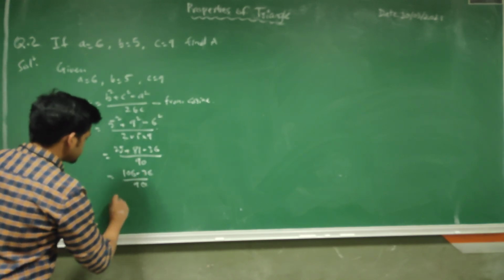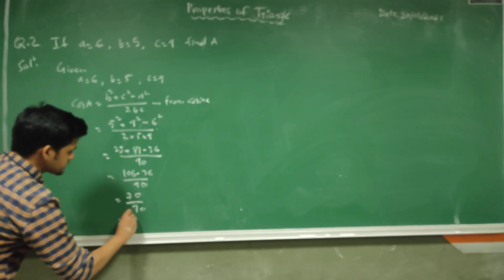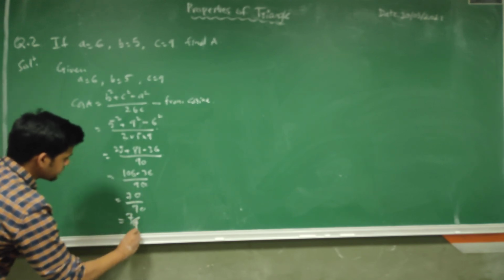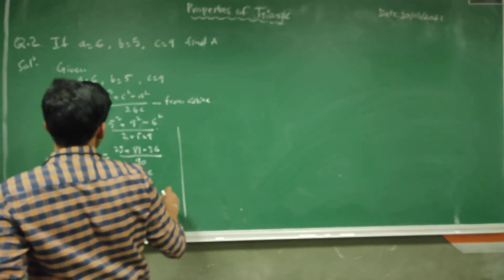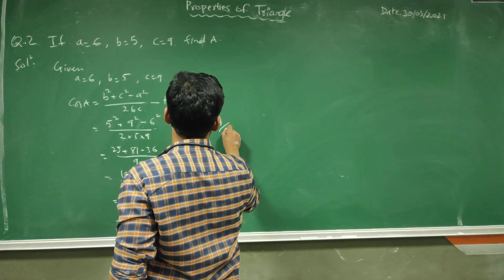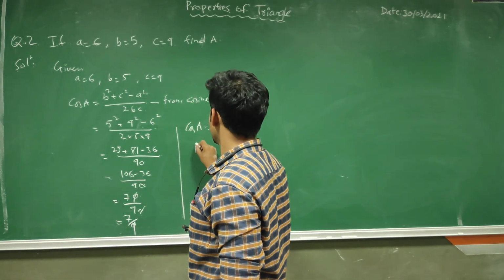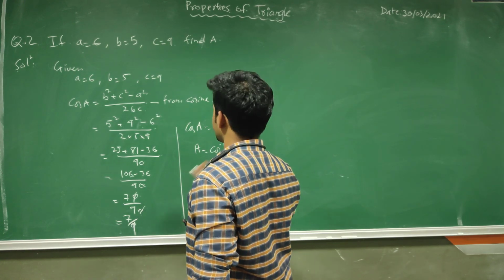So just reduce. So I will get 60 by 90. That means 7 by 9. This 0 will get cancelled. So cos A will be 7 by 9. So A is nothing but cos inverse of 7 by 9.